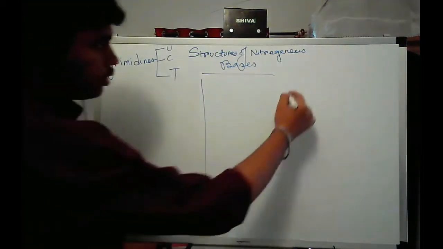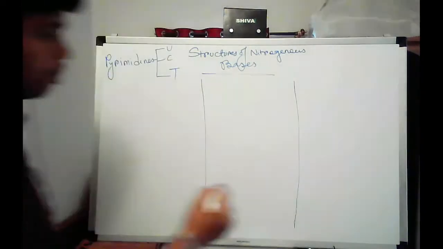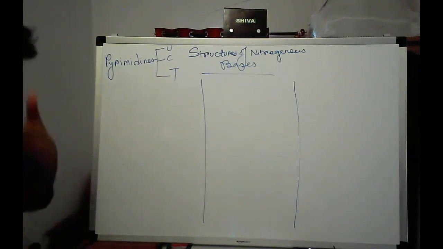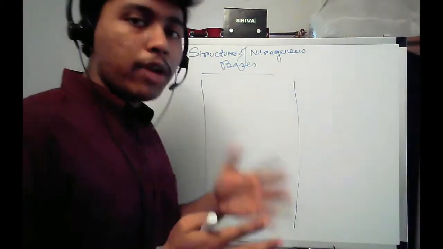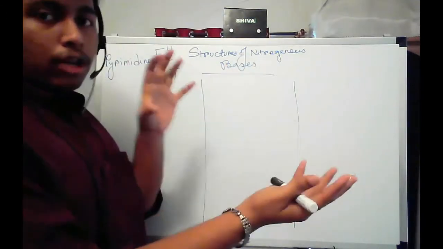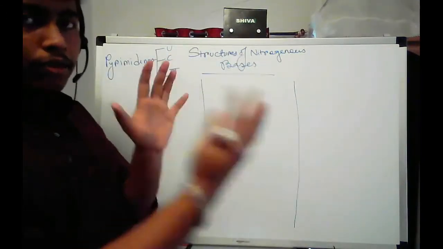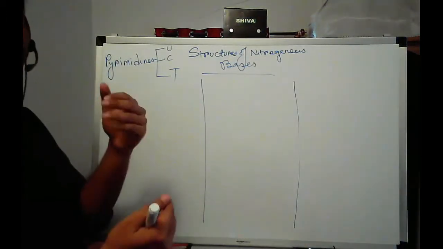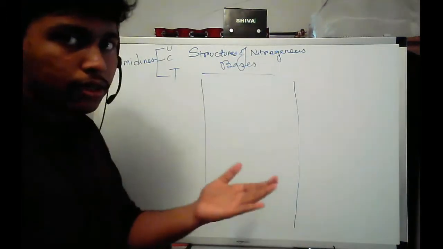So there will be three boxes drawn over here for them. Always remember, the purines have two rings, whereas the pyrimidines have only one structure, a single ring.